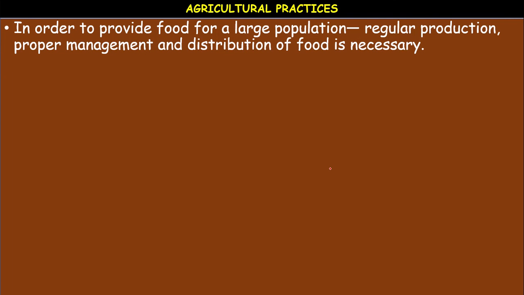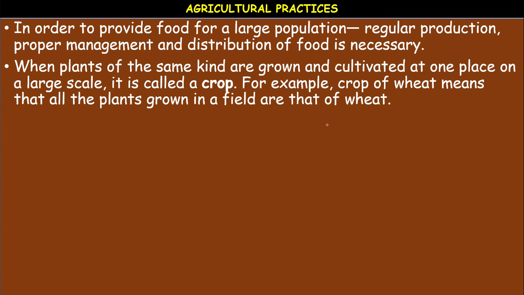So, agricultural practices. In order to provide food for a large population, regular production of food, okay, the proper management and distribution of the food is necessary, isn't it? When plants of the same kind are grown and cultivated at one place on a large scale, what happens?